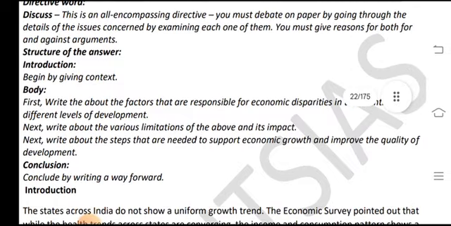Body, first write about the factors responsible for the economic disparities in the country and different levels of development, and next write about the various limitations of the above and its impact. Next write about the steps needed to support economic growth and the importance of equality of development, and conclude by writing the way forward.